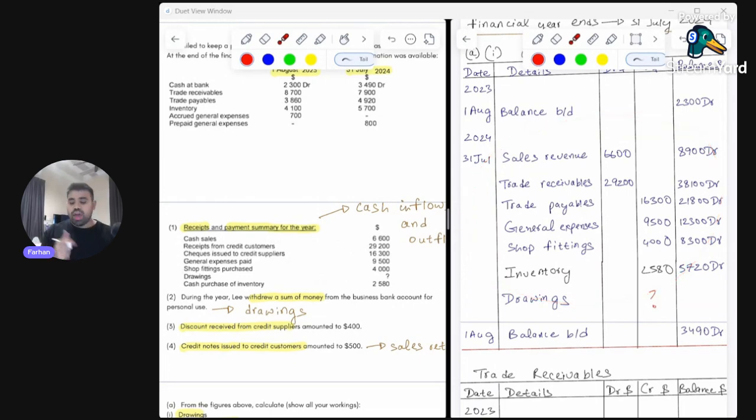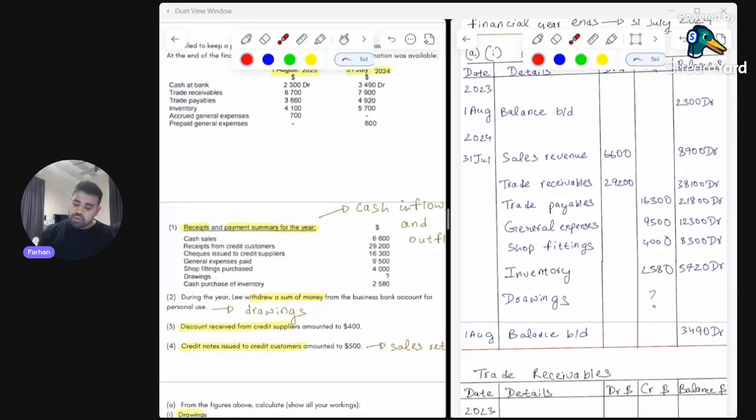Now, we also know that the owner has made some drawings, and this is confirmed based on the additional information number 2, which says that during the year, Lee withdrew a sum of money from the business bank account for personal use. So obviously, this is referring to drawings in the form of cash that you have withdrawn from the bank account. And this is also our requirement to solve in this question.